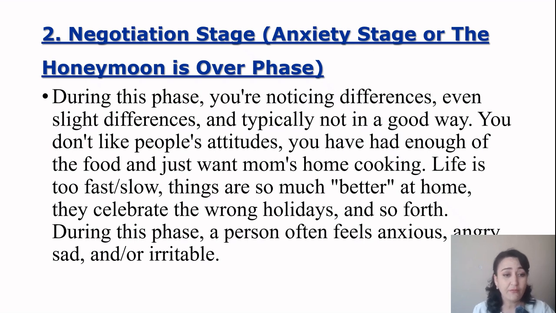You have had enough of the food and just want mom's home cooking. Life sometimes is too fast or slow. Things are so much better at home. They celebrate their long holidays and so forth. During this phase, a person often feels anxious emotions: angry, sad, and irritable.